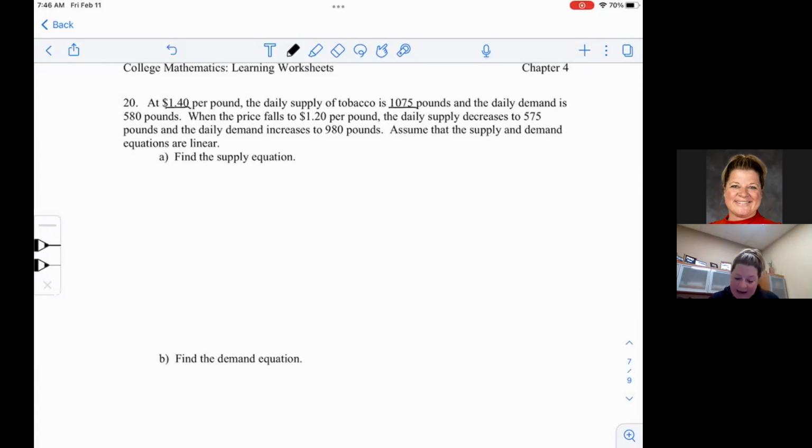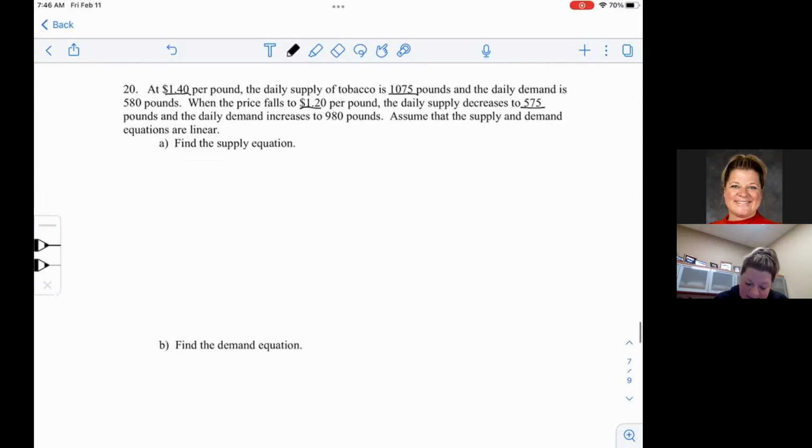And then we had, what was the other one? 575 with $1.20. So think of it like this. This is a point, 1,075, $1.40. And then our demand was 575 and $1.20.